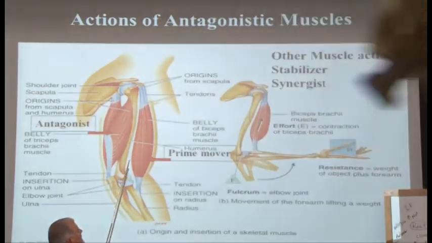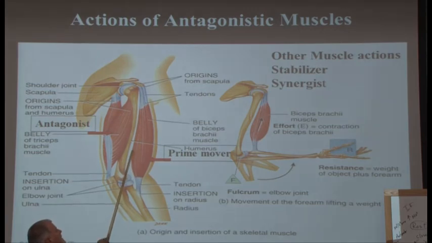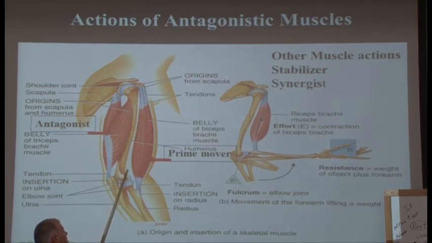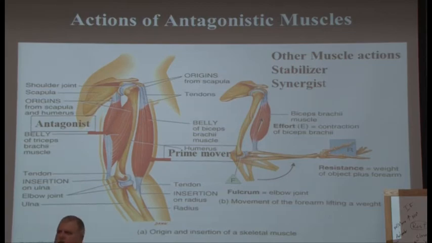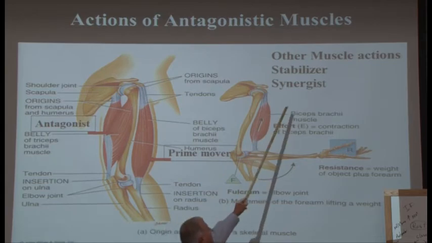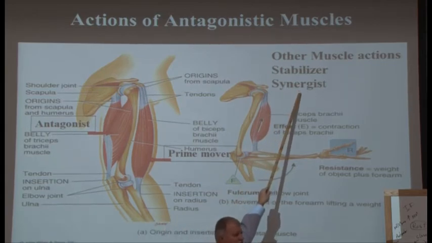Now, the biceps brachii is underlined by a second muscle that comes off the distal half of the humerus and actually goes over here to the ulna. So that second muscle underneath it is the brachialis. Because the brachialis has the same action as the biceps brachii, then it is said to be a synergist.